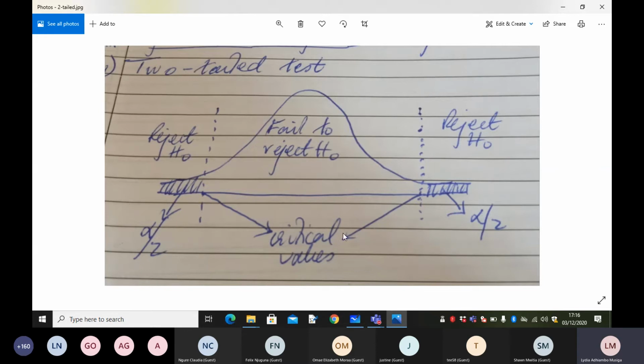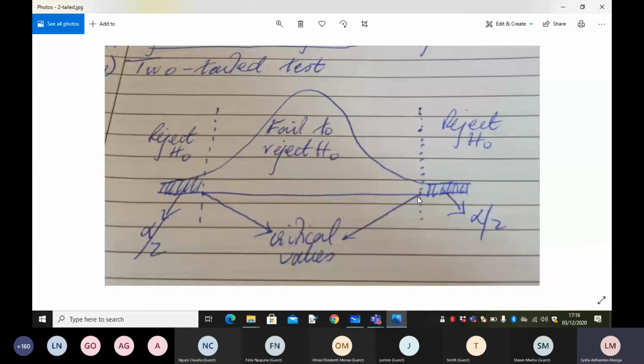So a value we read from the table is the one which could be the critical value. What does the critical value do? It separates the rejection region from the non-rejection region. That is why you can see those dotted lines. Those two dotted lines are the ones which I am calling the critical values.